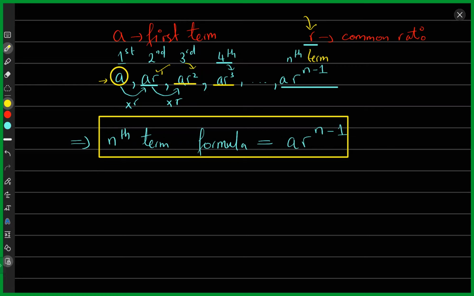When we were at the third term, the power of R was 2. Similarly, when we talk about the nth term, the power of R is going to be 1 less than that. So it would be R to the power n minus 1. This is how we can understand the derivation of the nth term formula. If you remember, we studied an nth term formula for arithmetic progression as well.